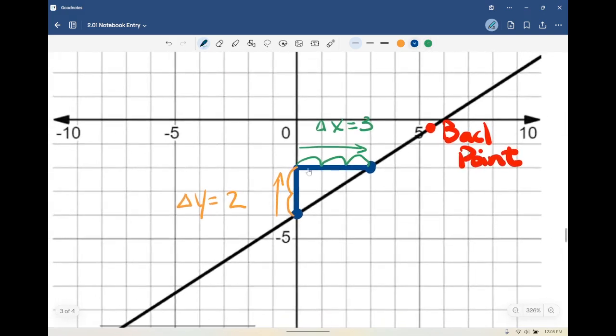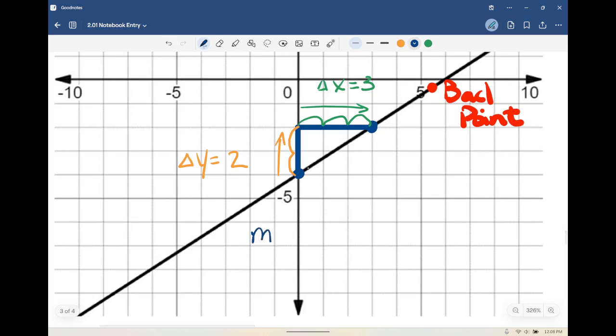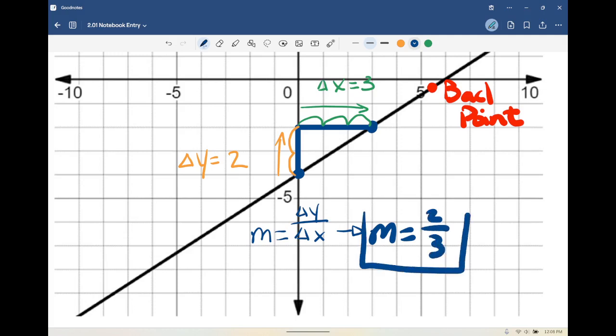And so I'm going to have slope is change in y over change in x, which means that slope here is, raise your hand, what as a fraction? Monty. 2 over 3. Please, please, please. 2 over 3. It is not 3 over 2. Y needs to be on top.